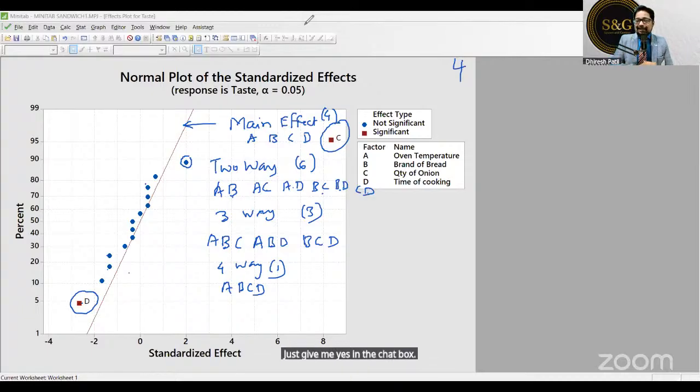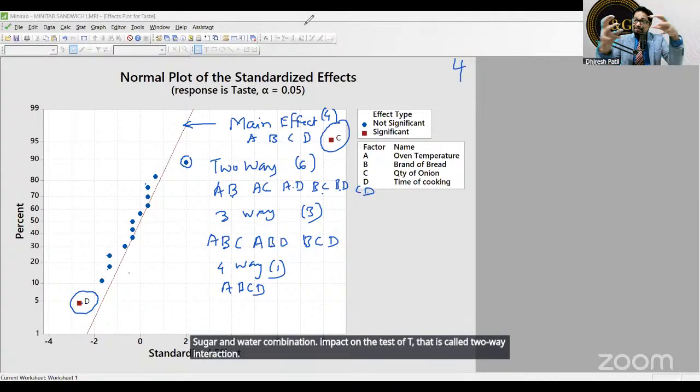Now just to understand this at the basic level: when we are adding, let's say, sugar in the cup of tea, sugar's impact on the taste of tea, that is the main effect. Sugar and water combination impact on the taste of tea, that is called 2-way interaction.